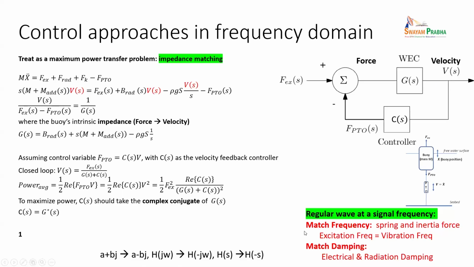What does that mean? Just imagine the impedance: the real part is damping, so you match the damping. And the imaginary part becomes negative Bj, and the physical meaning is that you match the frequency and you match the damping. So this is the control perspective on the wave energy converter.